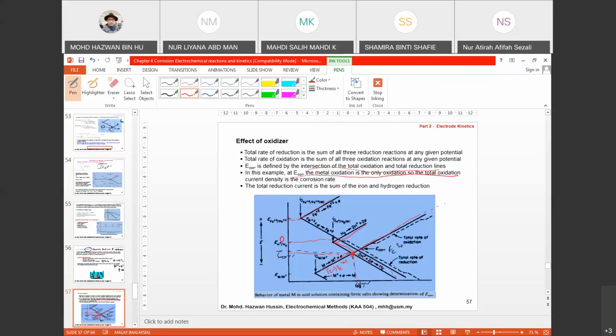Okay. Since we have an additional oxidizer, this will be a new line that we consider. And then the new E-corr is basically somewhere here.